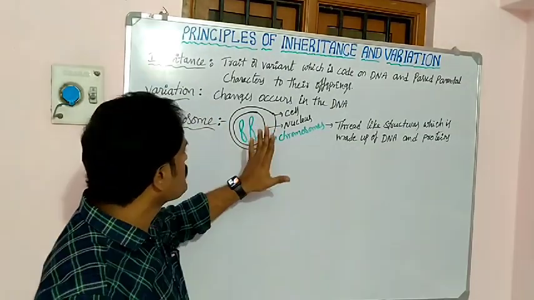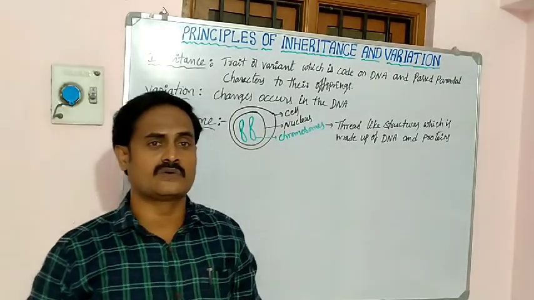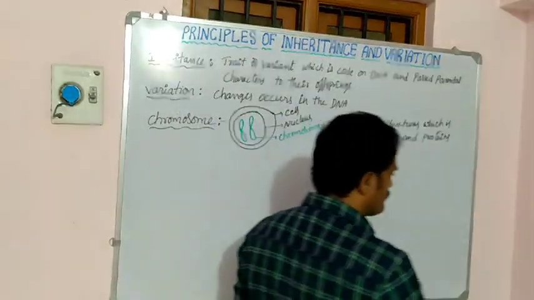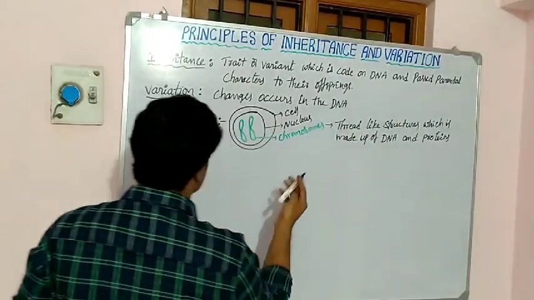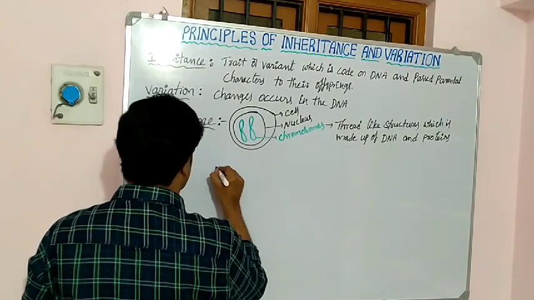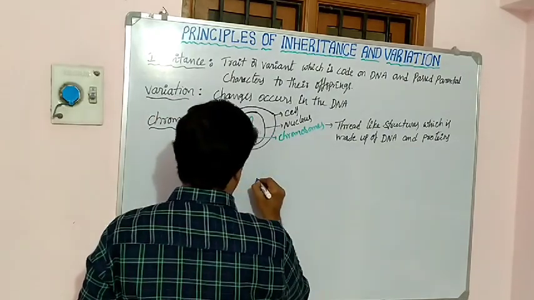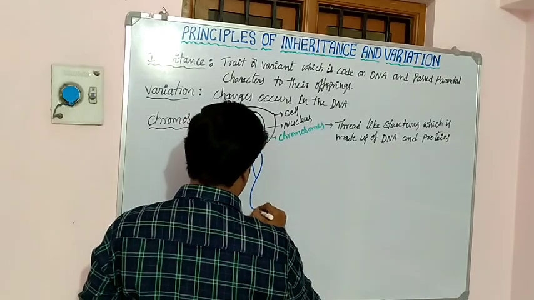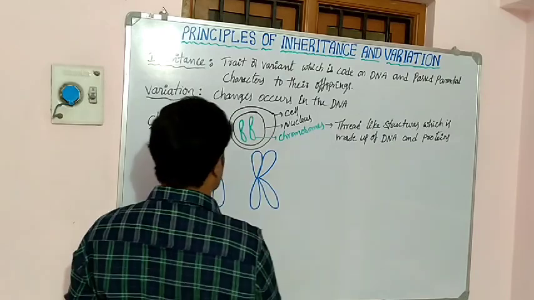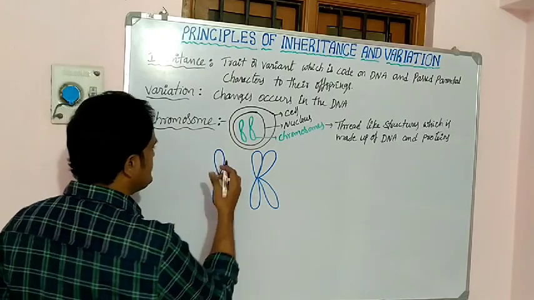Okay, now coming to the point. How do the chromosomes look inside the nucleus? See, I will draw here. Chromosomes are of different types. Some chromosomes look like this. This is one type of chromosome and this is another type. Inside the chromosome there is genetic material.